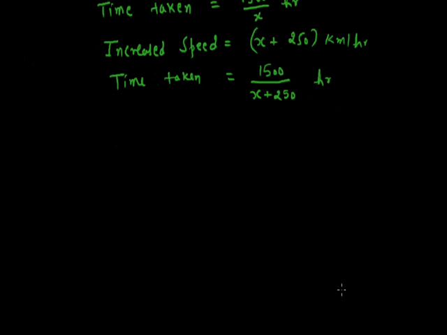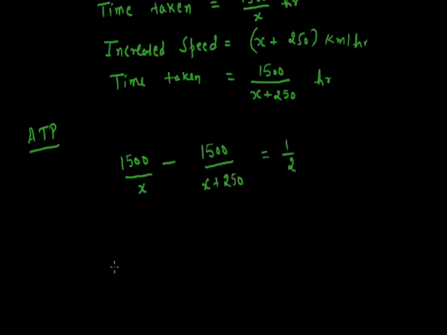Now according to the problem, the difference of time taken between these two cases is equal to half hour. So we can say, according to the problem, 1500 upon x, the time taken in the first case, minus 1500 upon x plus 250, the time taken in the second case, and the difference of these times is half hour.